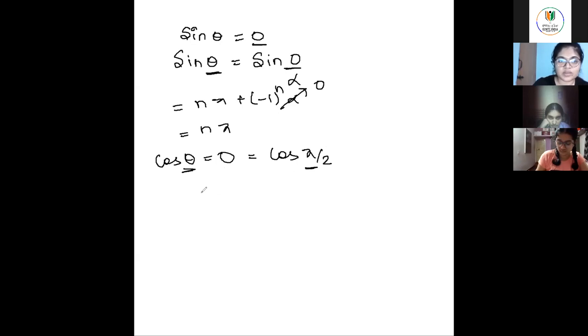Now find for me the general solution for theta. For cos, what I have shown, cos theta is 2n plus 1. So what was the cos theta formula just now? Sorry, it is 2n pi plus, correct.